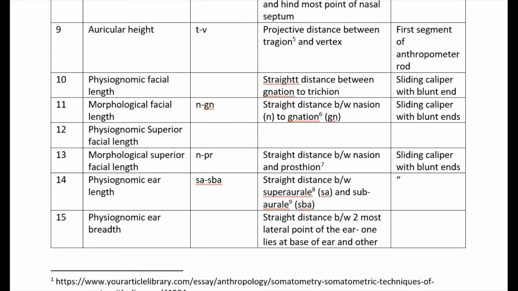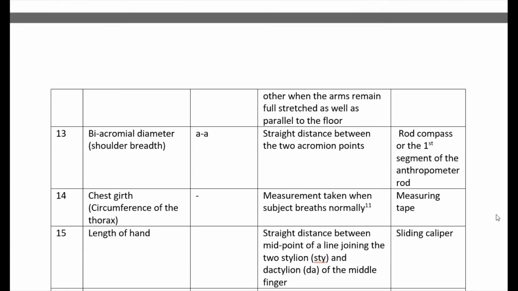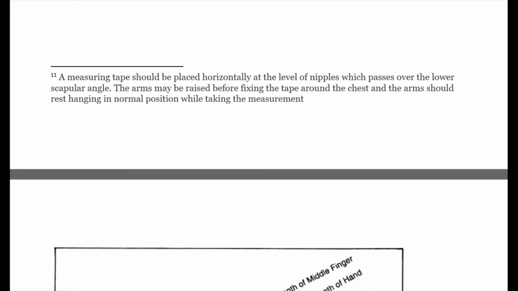Okay, the second point is trageon. Now trageon is identified at the uppermost ridge of your zygomatic arch. Let me show you in the figure.